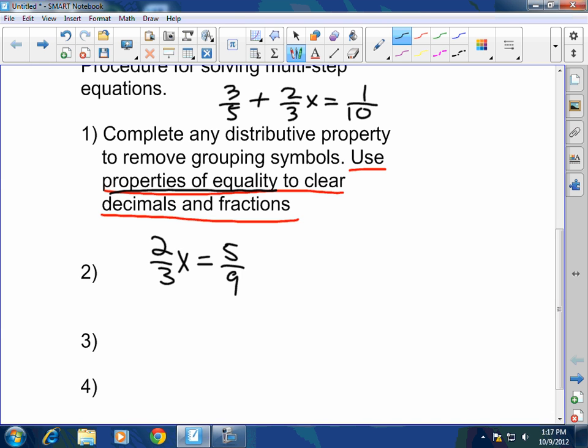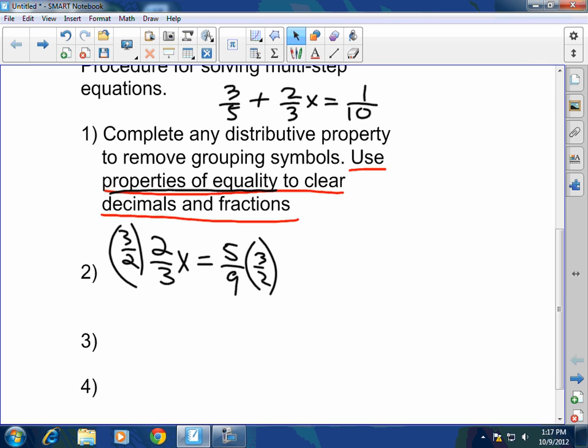One-step equation. 2/3 is being multiplied to x. I got to cancel multiplication by division. When I divide both sides by a fraction, I multiply by the reciprocal. That's in a one-step equation. Now, that is not at all what I said to do to clear fractions.